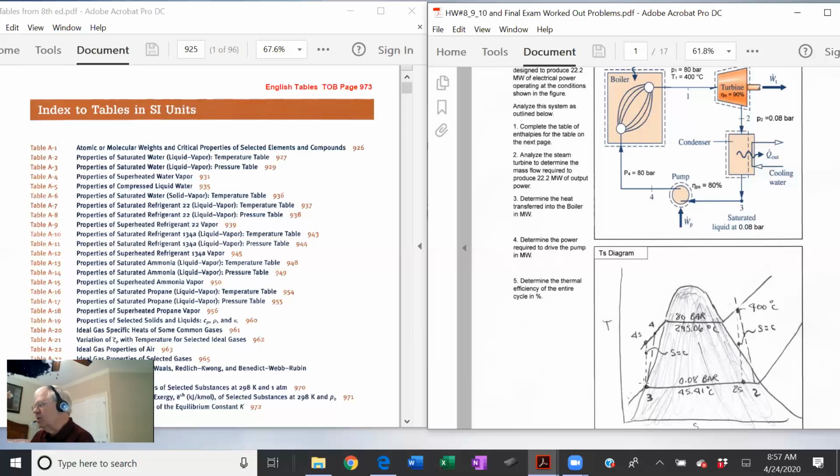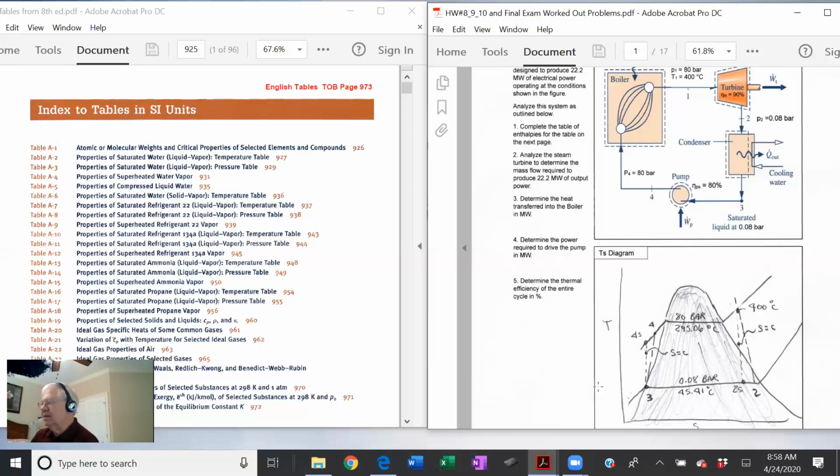And the actual pumping process, we know, increases entropy, so it looks something like this. And then I draw in my little S equals C to show that that's isentropic. By the way, these lines should be straight across. They're slanted a little bit, but anyway.